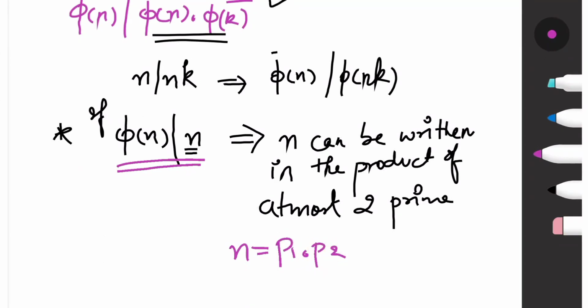Okay, there can be powers of p1 and p2, but there will be at most 2 prime numbers.